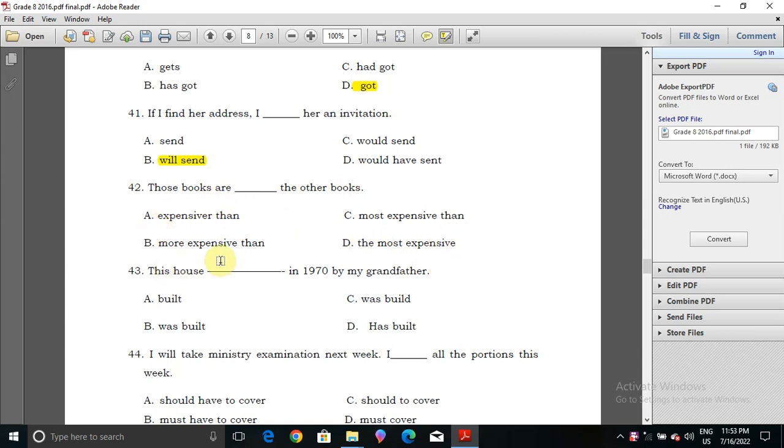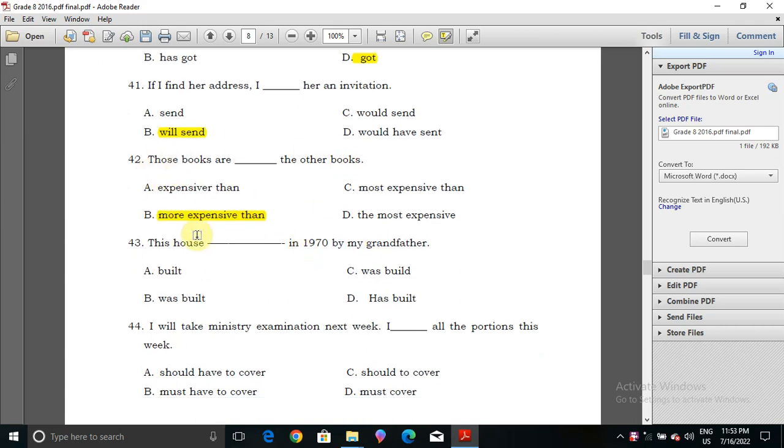It will be more expensive than. Why didn't we use expensive than? Because of the syllables. If the syllable count is more than 2 or 3, we will use more. So that means those books are more expensive than the other books. So the correct answer for question number 42 is choice B.